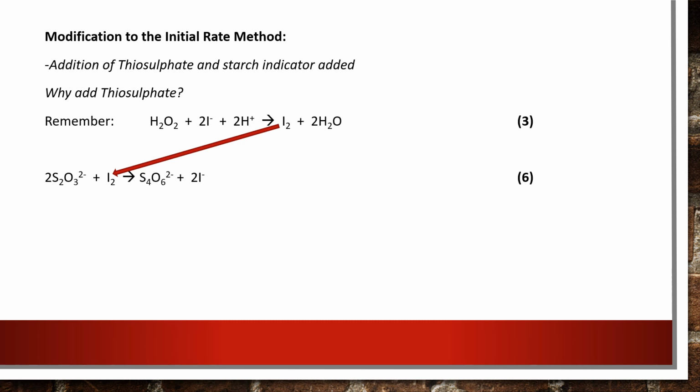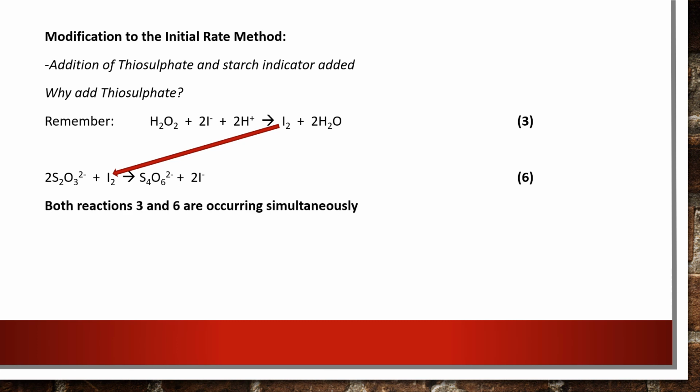Now, what does this have to do with the rate of the reaction? Remember, the rate of a reaction can be expressed in terms of reactants or products. Since the concentration of thiosulfate and the amount added is known, this information can be used to predict the amount of iodine that it reacts with. Thus, the rate of the reaction in terms of iodine produced can be monitored.